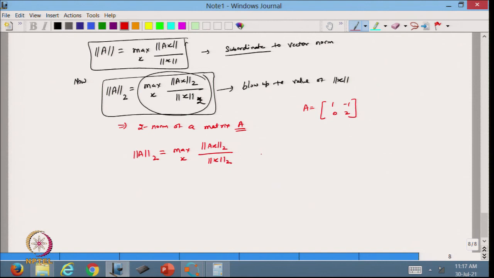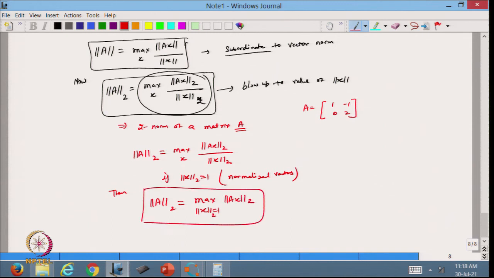Now, if I take normalized vectors so that the norm is 1, then this becomes the maximum over all x whose 2 norm is 1 of the 2 norm of Ax.